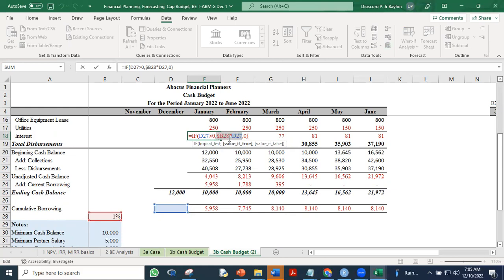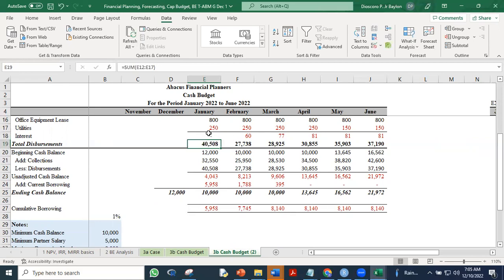Otherwise, so this is comma, the value if true, and then another comma, value if false. If, however, D27 is not greater than 0, in this case it's 0, then we don't put any interest there.